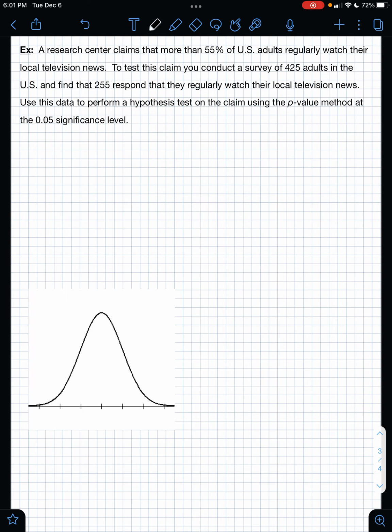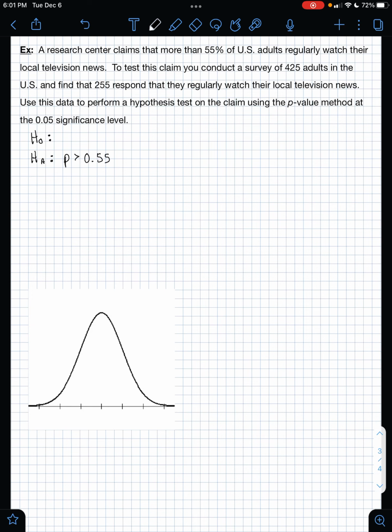So, as always, we will start with identifying the two hypotheses and identifying which of them is the claim. In this case, the claim is that more than 55% of U.S. adults. So, the claim is that the proportion is bigger than 0.55.